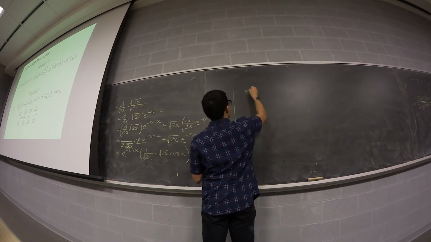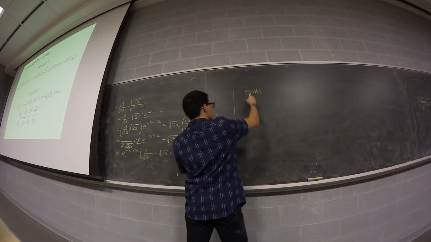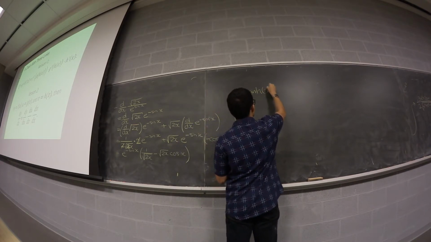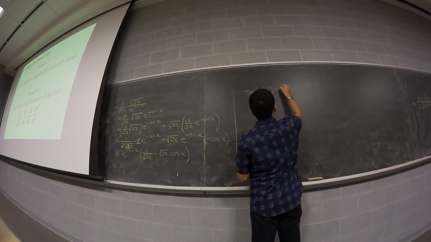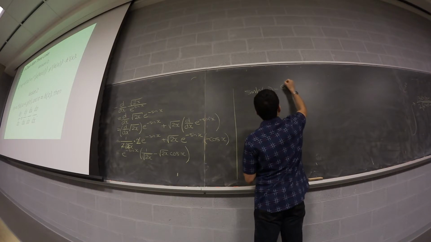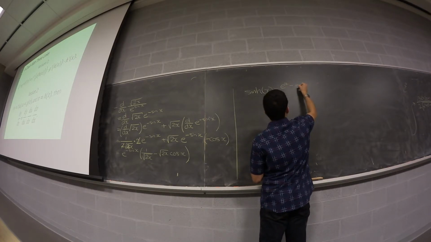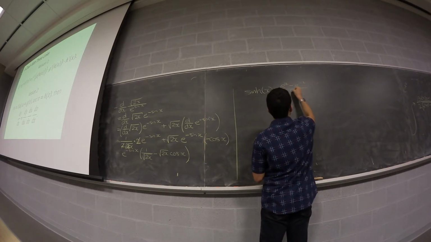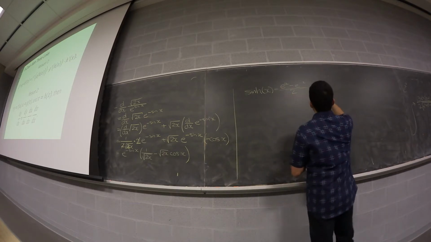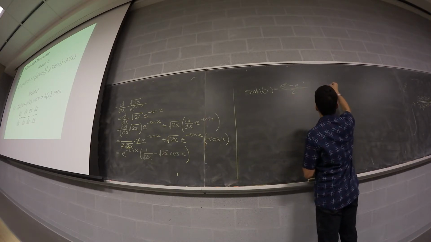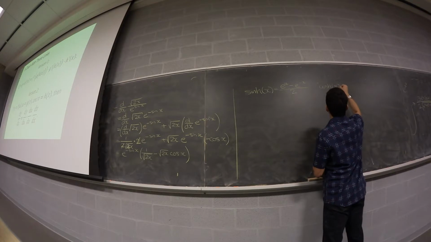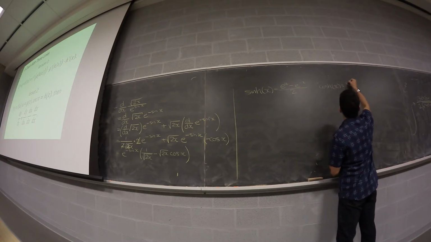Let's spell this right. S-I-N-H, hyperbolic sine, is defined thusly: e to the x minus e to the minus x over 2. That's hyperbolic sine, and hyperbolic cosine is defined like this.